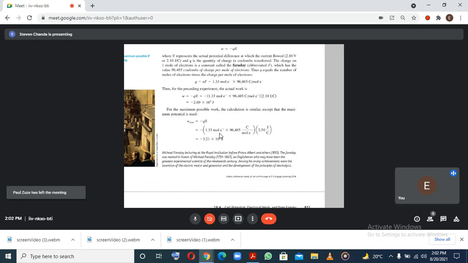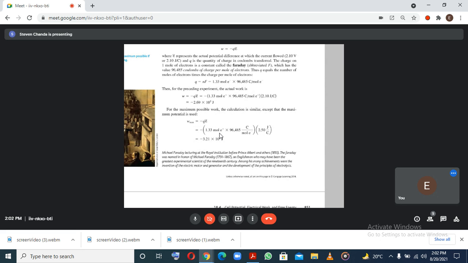One mole of electrons has 96,484 coulombs of charge. The importance of this is that we can find out what amount of work a certain cell can do simply by looking at the number of moles of electrons being transferred. That's a very important concept there.